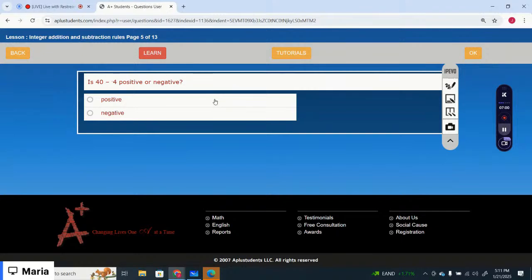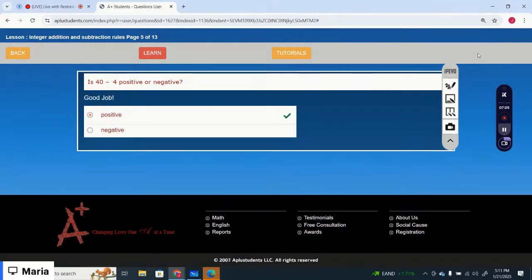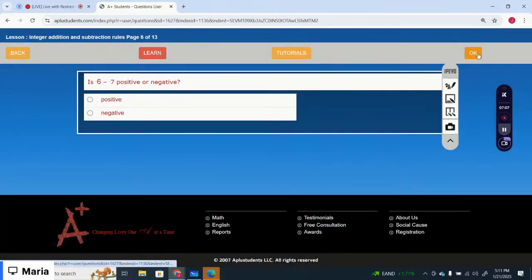Option number 1 is the correct option. Negative 6 minus negative 7, positive or negative?